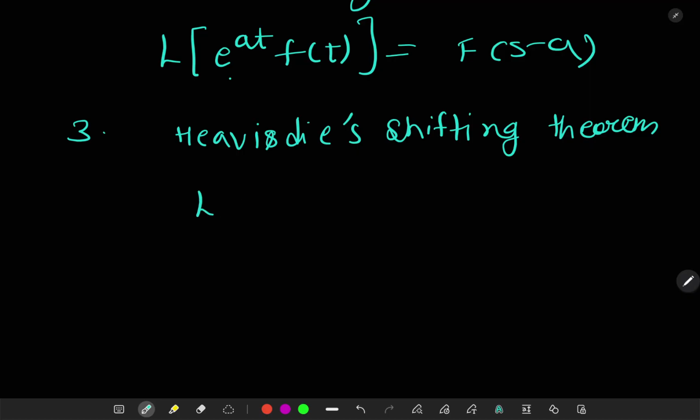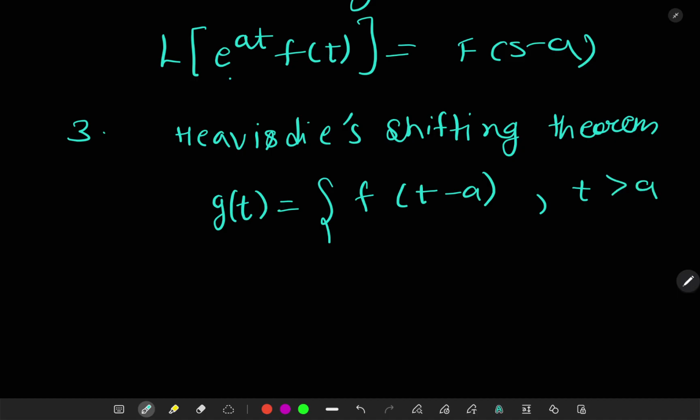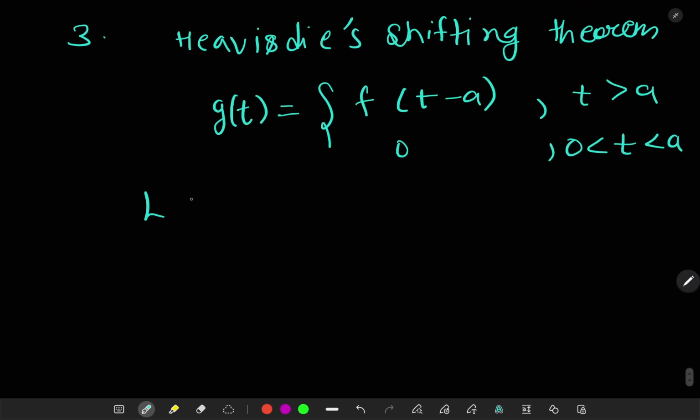If the Laplace transform of f(t) is equal to F(s) and g(t) is given as f(t minus a) when t is greater than a, and 0 when t is less than a, then the Laplace transform of g(t) equals e raised to power minus as F(s).